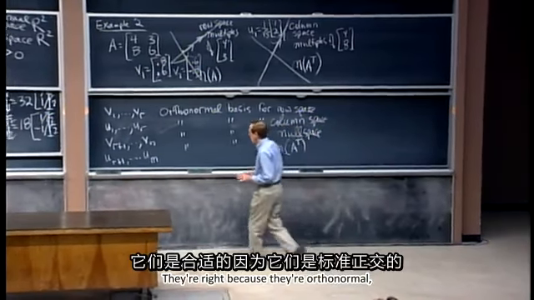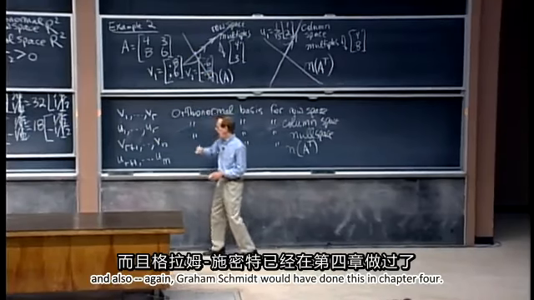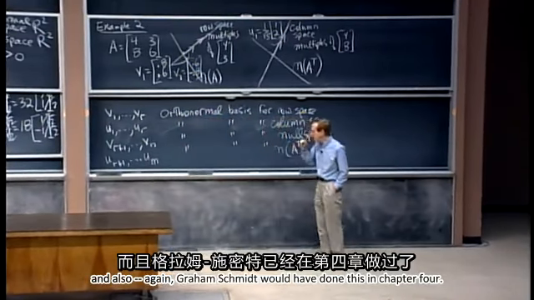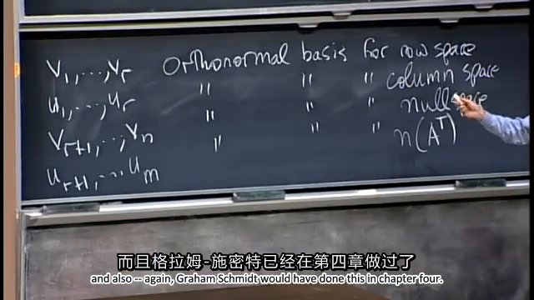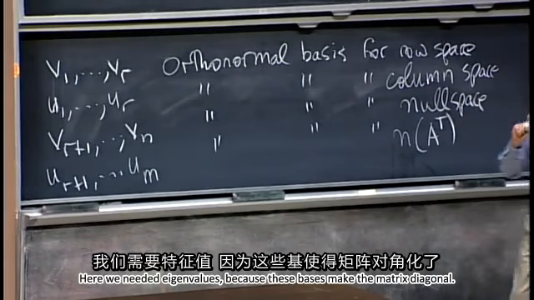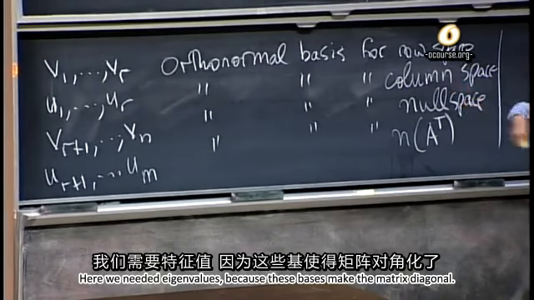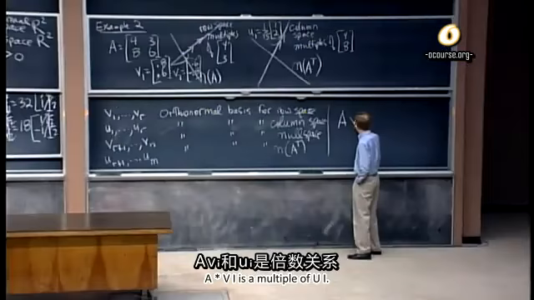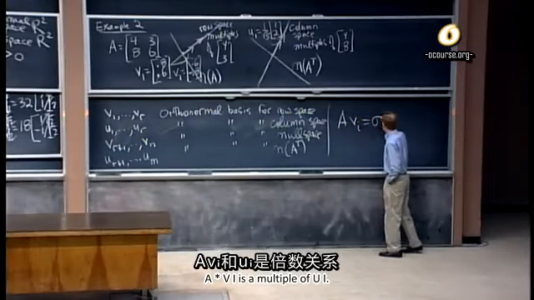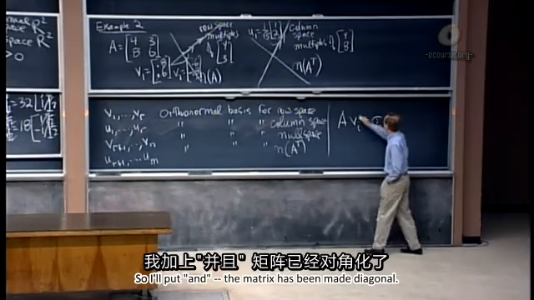They're right because they're orthonormal, and also, again, Gram-Schmidt would have done this in Chapter 4. Here we needed eigenvalues because these bases make the matrix diagonal. A times Vi is a multiple of Ui.